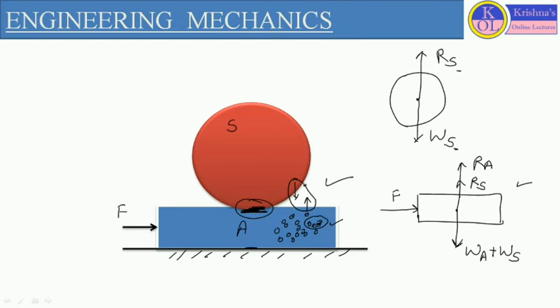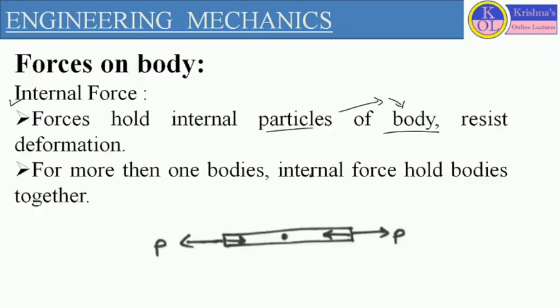So the force of cohesion is the force which keeps two particles attracted, holding them together to form a particular body. And the force of adhesion is the force holding two bodies together.